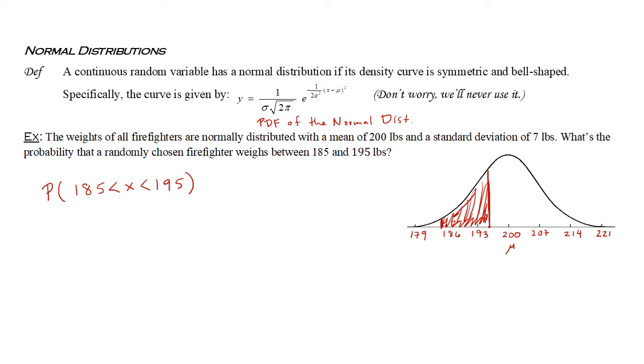And because our calculator has the normal curve formula stored inside of it, okay, we'll need to know two things. In particular, we'll need to know mu, which is the mean. And we'll also need to know sigma, which is the standard deviation.